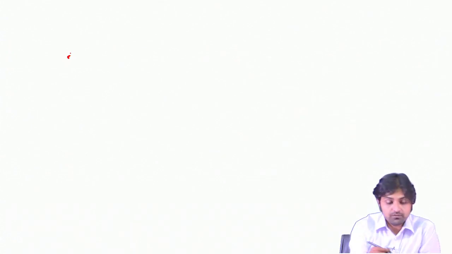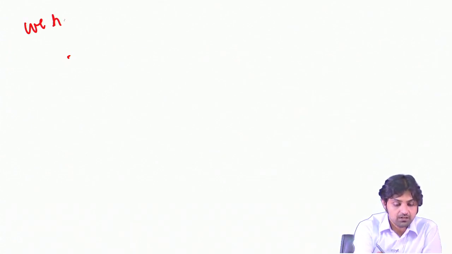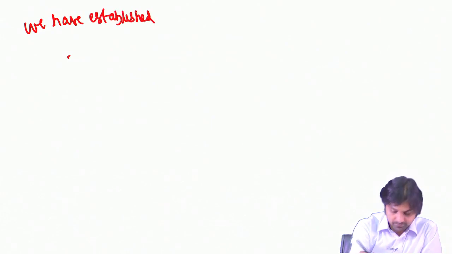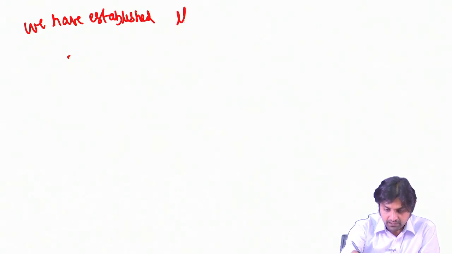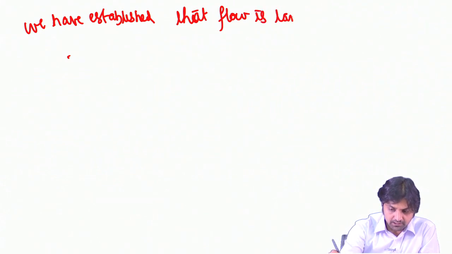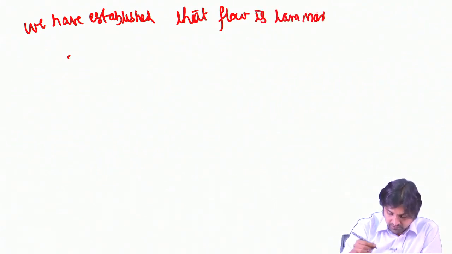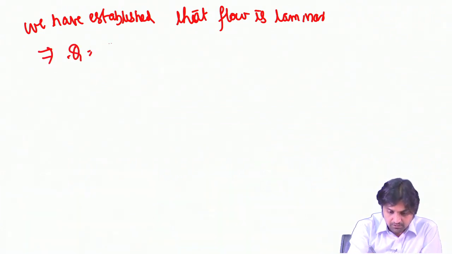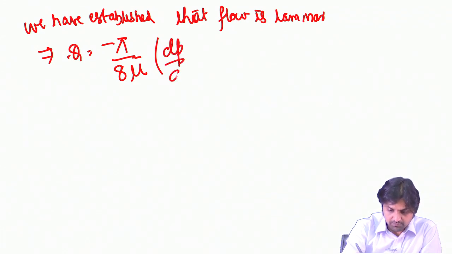So, we have established that the flow is laminar. Therefore, Q is going to be the formula that we have derived: minus pi divided by 8 mu, dp dx, into r to the power 4.